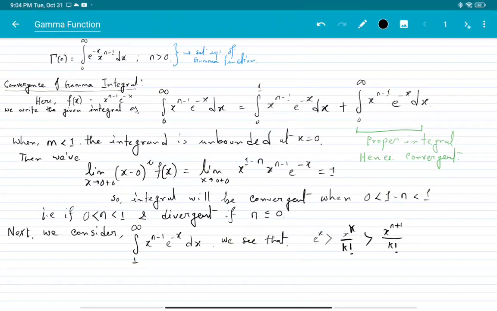So these are consequences, where x is greater than 1 and k is a positive integer.